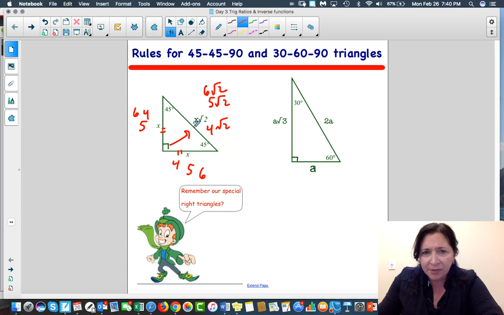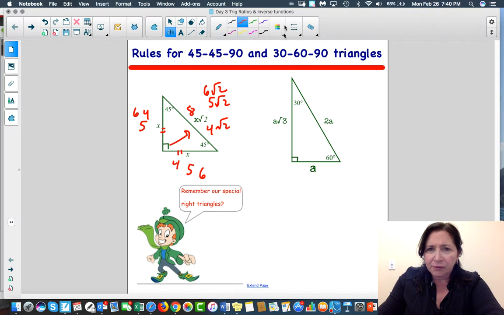The problem comes in when this number here is not an x root 2. Let's say it's a whole number, such as 8. What you would do is you have a choice of two different things. Number one, you can say, I don't know what the sides are, so I'm going to call them x and x, and use the Pythagorean Theorem. x squared plus x squared is equal to 8 squared.